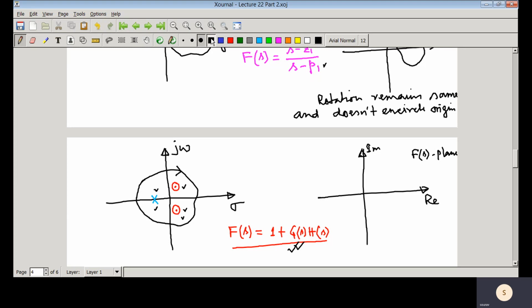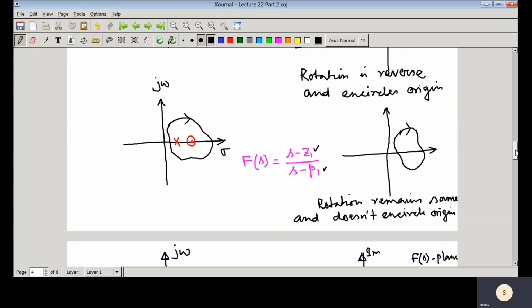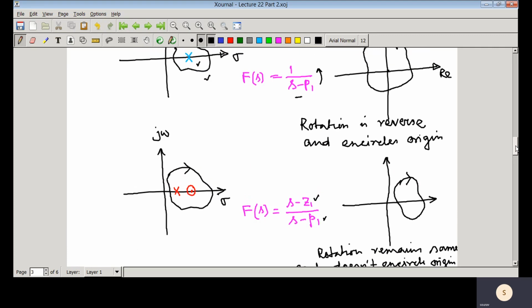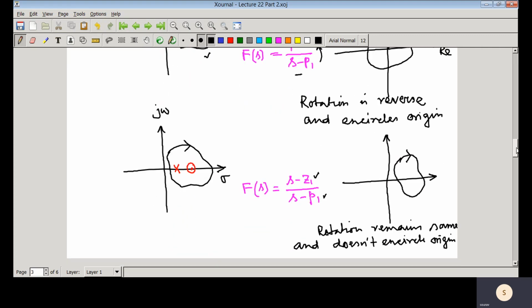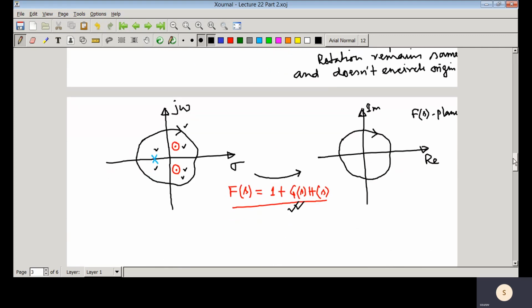So basically that contour, if we map via this particular function, then that contour must encircle the origin. And what would be that rotation? That rotation remains the same, because the rotation is reversed whenever we have an extra pole. We can see that it is reversed. So here the rotation remains the same.